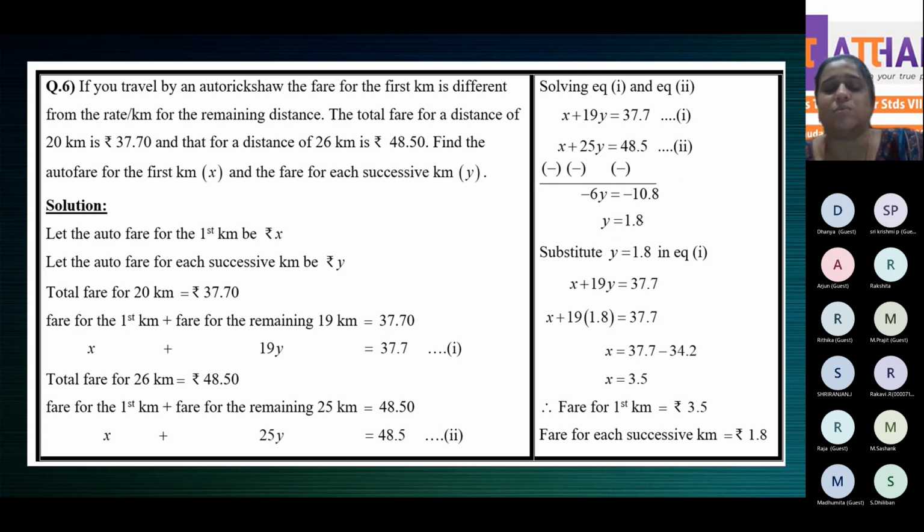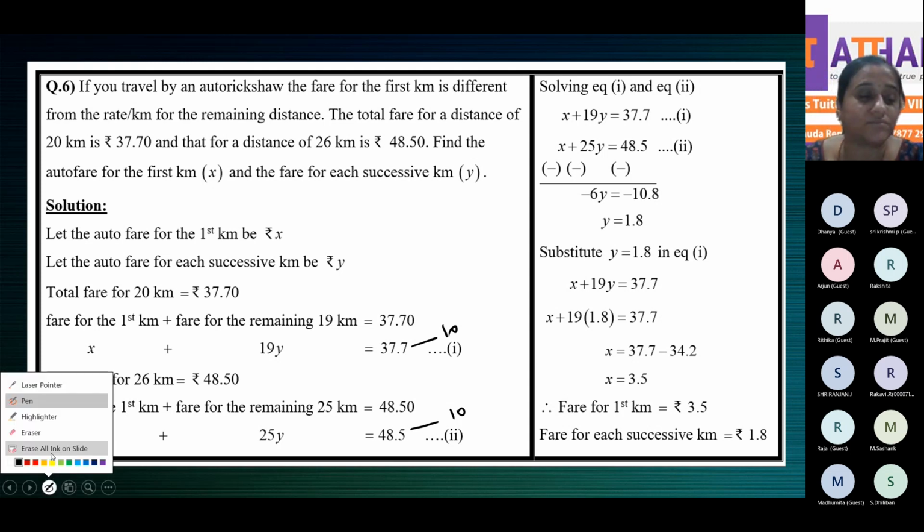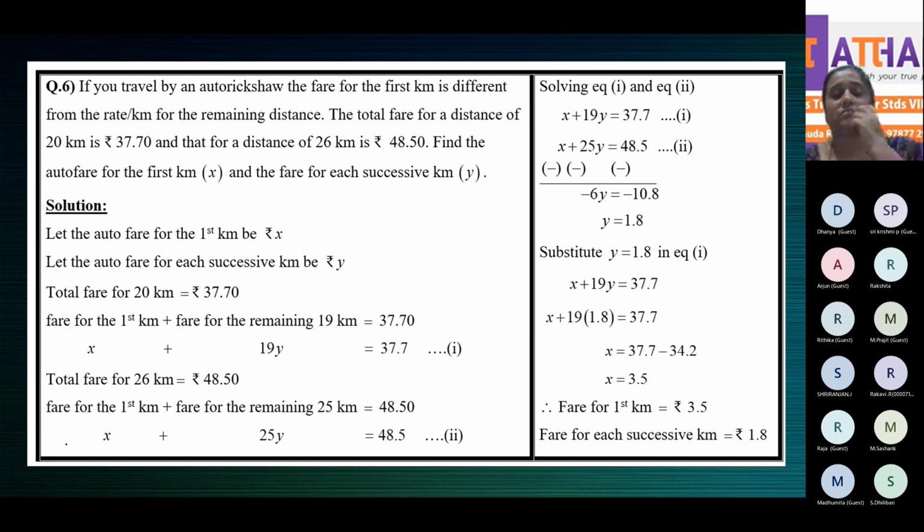I have worked with the decimal point. You can get rid of the decimal point by multiplying each equation by 10.